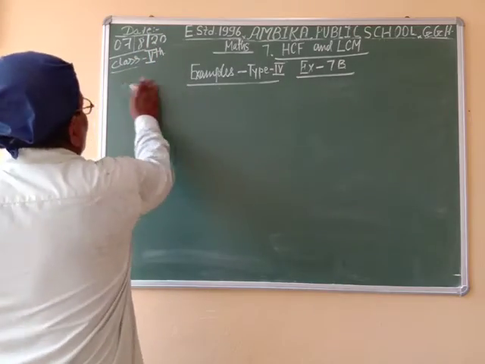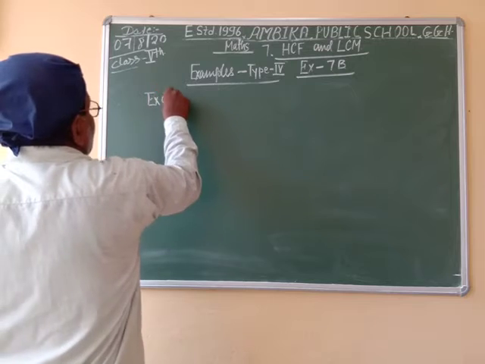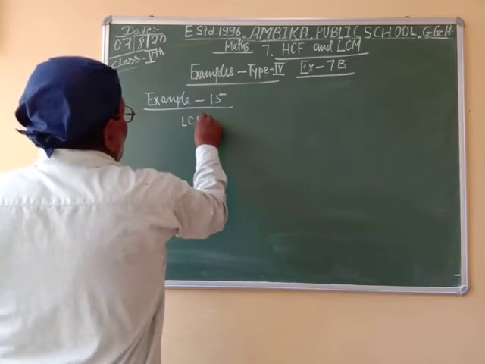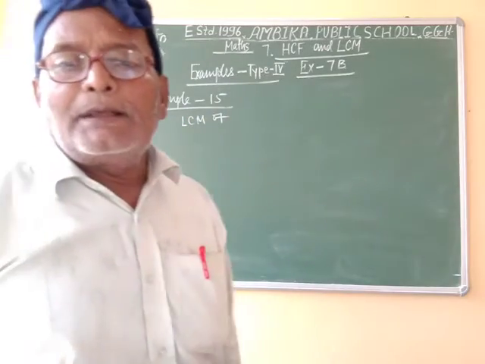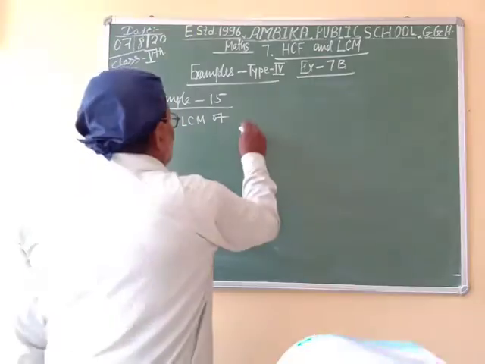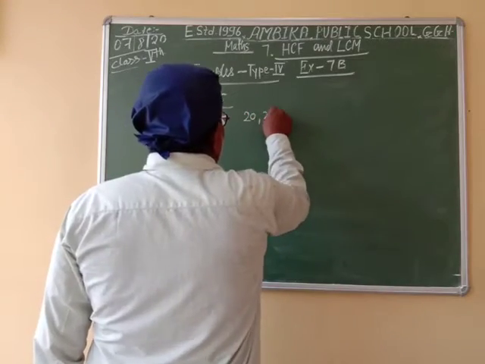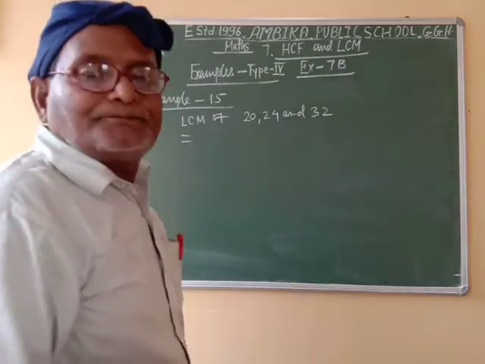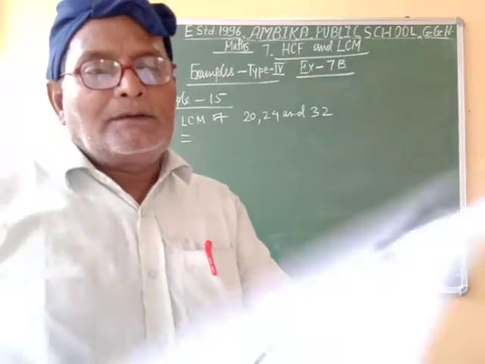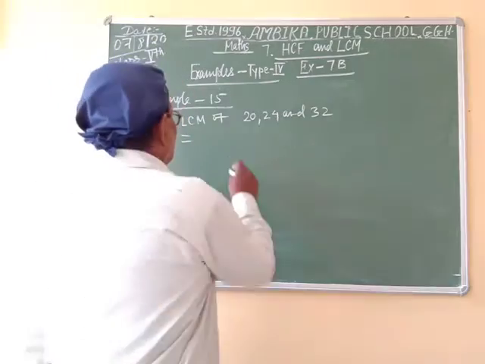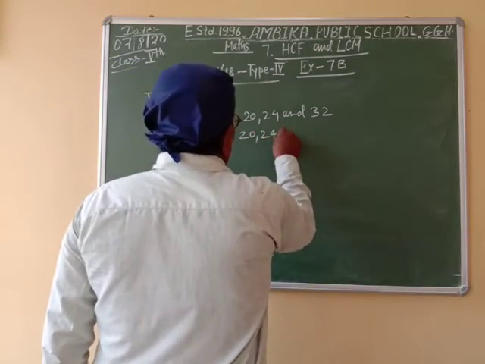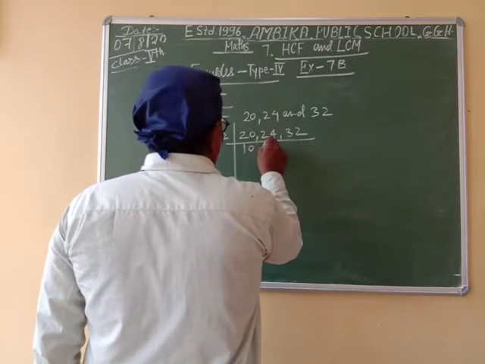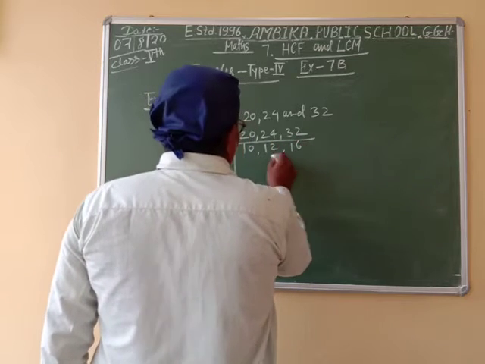Example 15. LCM of 20, 24 and 32. Dividing by 2: 10, 12, 16.